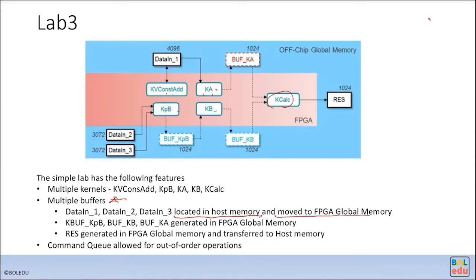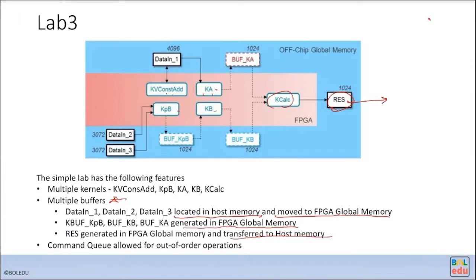The buffers KA, KPB, KB, and the result are generated in the FPGA global memory. The result buffer's content is filled in by the FPGA device, and the data will then move back to the host memory.